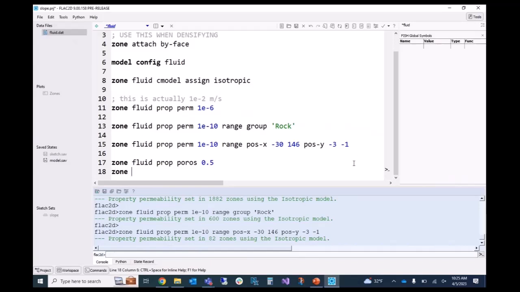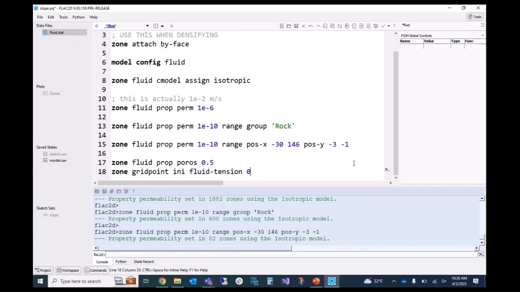And then an important thing here is zone, grid point, any fluid tension, 0. So hopefully you talked about this yesterday, but by default, there's no tension limit, so the fluid never desaturates, right? It allows it to build up negative pore pressures, which maybe is fine. Maybe you've got a material that allows negative pore pressures.